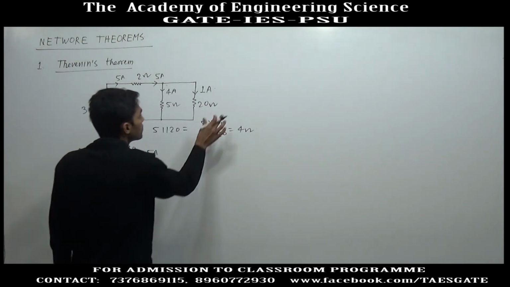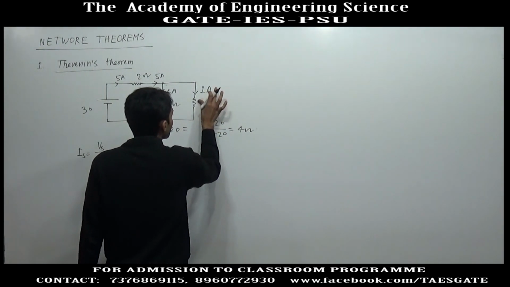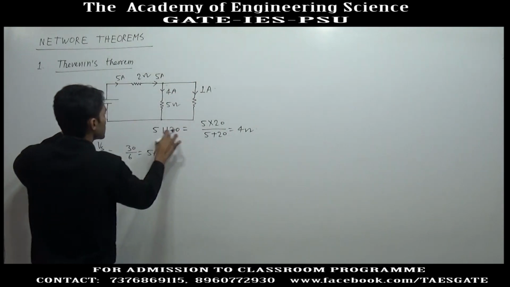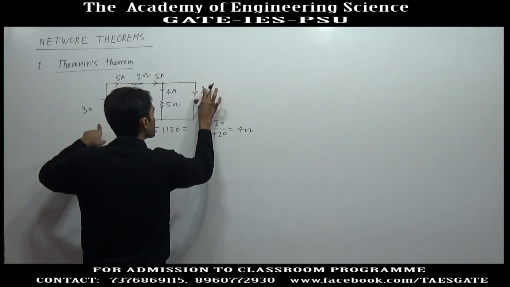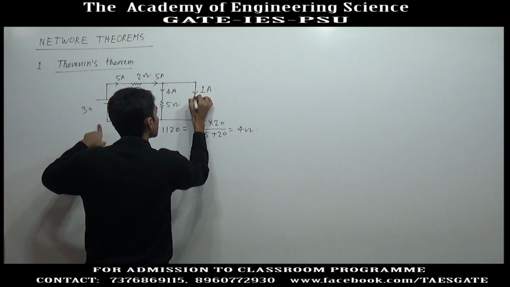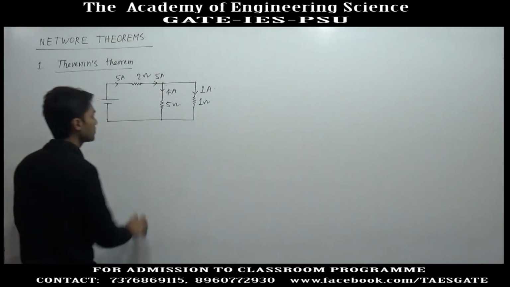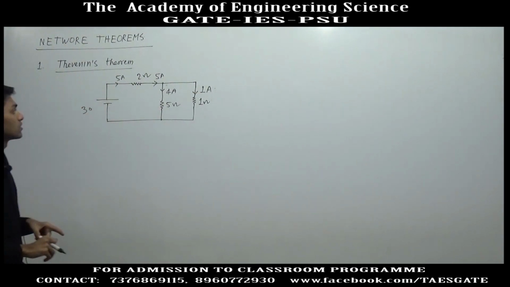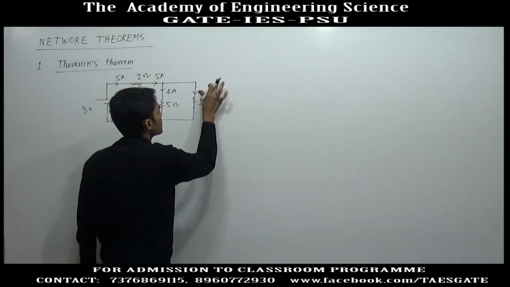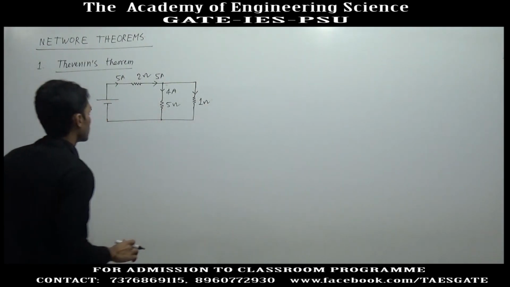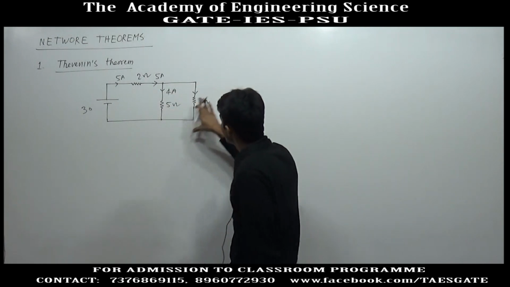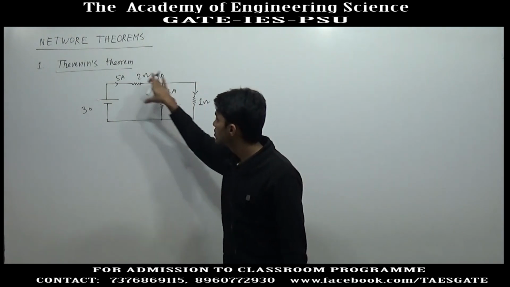Now the whole circuit, this much part of the circuit is fixed and the load resistance is varied. Again we have to calculate the current in this 1 ohm branch. Please notice that except this resistance, the whole circuit is fixed.